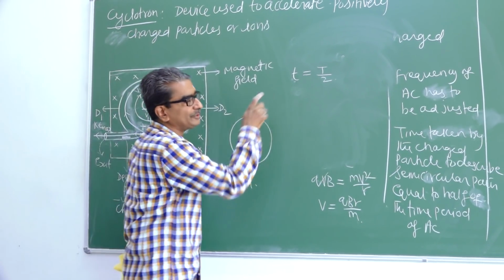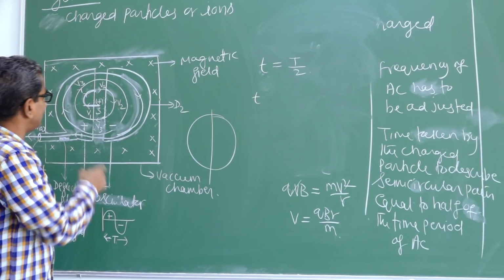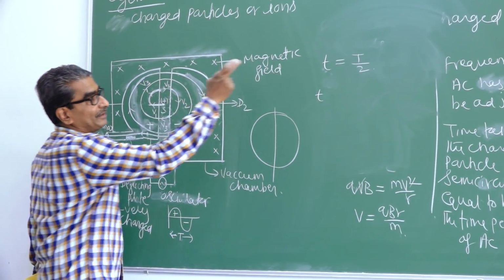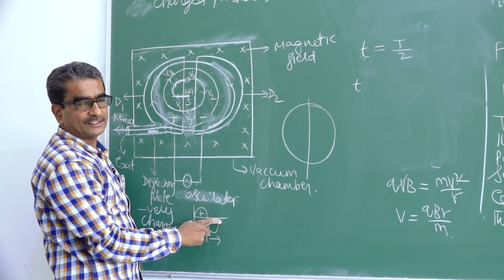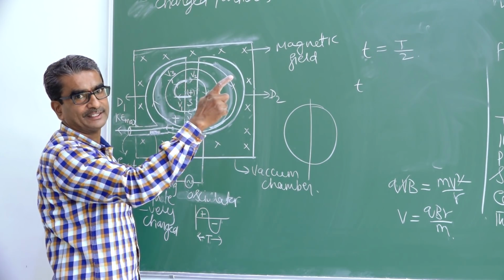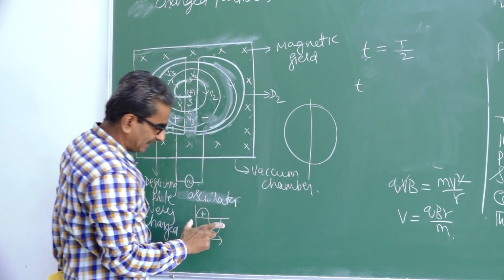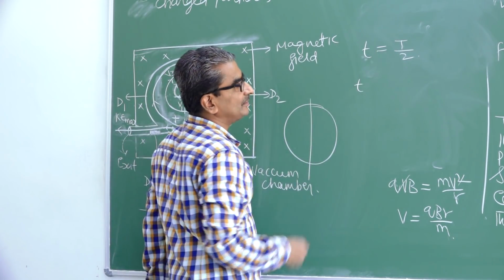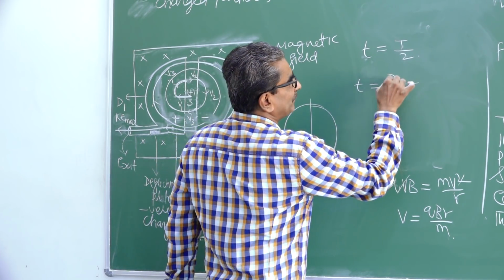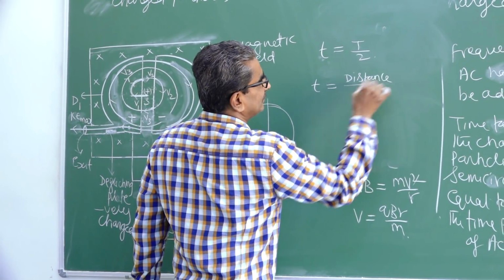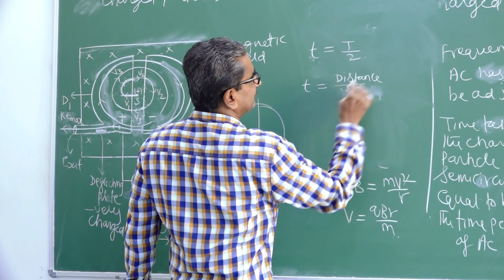So this is what we have to do. Then what is this t? Small t is the time taken to describe the semicircular path, whereas capital T is the total time taken for one complete cycle of AC. You must know the difference between small t and capital T. So t equal to, simple formula, distance by velocity, or distance by speed.